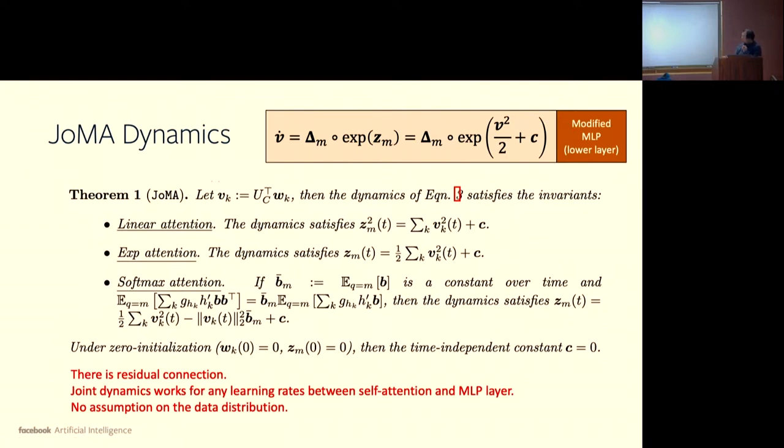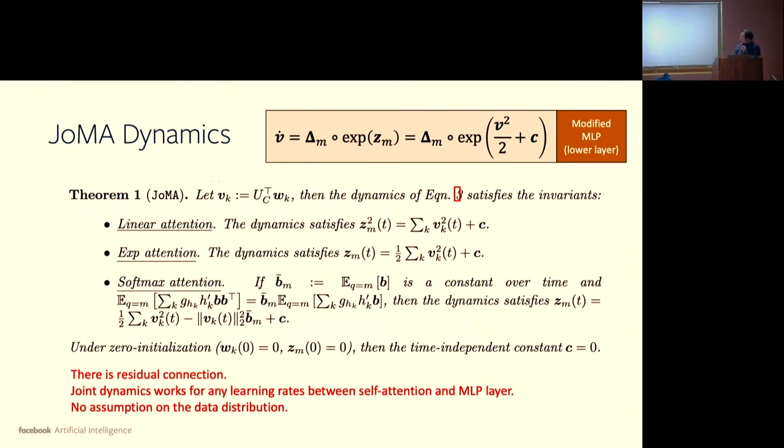Once you have that equation, you can forget about the self-attention layers and just plug this equation into your dynamics, and it will give you something like that. This equation tells you the story of both self-attention plus the MLP lower layer. Then you can use that equation to analyze the dynamics of the transformers.